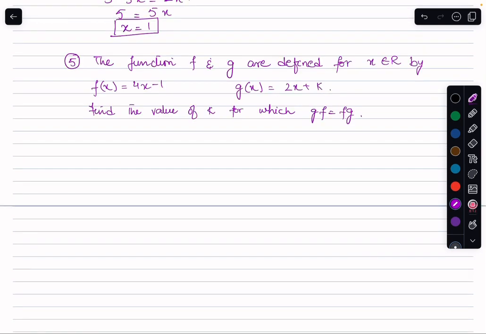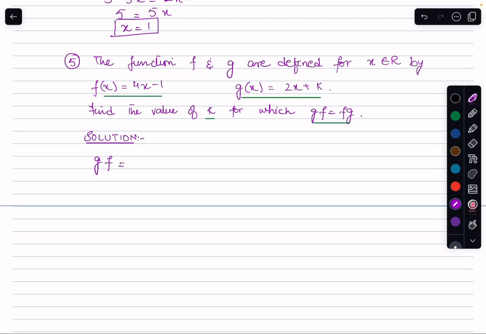The question that we have is: the functions f and g are defined for x belonging to all real numbers by f of x equals 4x minus 1, and g of x equals 2x plus k, and we need to find the value of k for which g of f equals f of g. So in this case, I'll be first finding g of f.